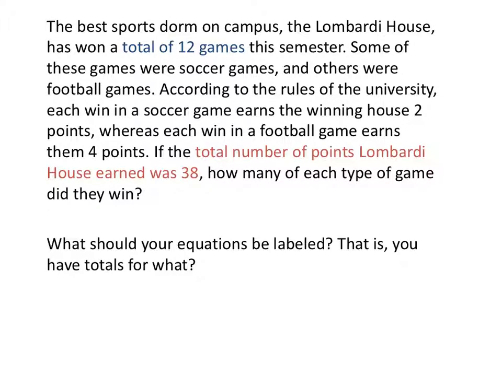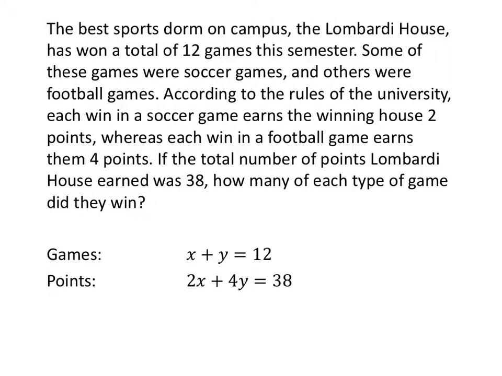Now, we go back and we see they have a total of 12 games won, and a total number of points was 38. So how should our equations be labeled? Like, what types of equations are we going to have? That's right. We'll have an equation for games, a total of 12 games. So if x is the number of soccer games won, and y is the number of football games won, and that's a total of 12, that's our first equation.